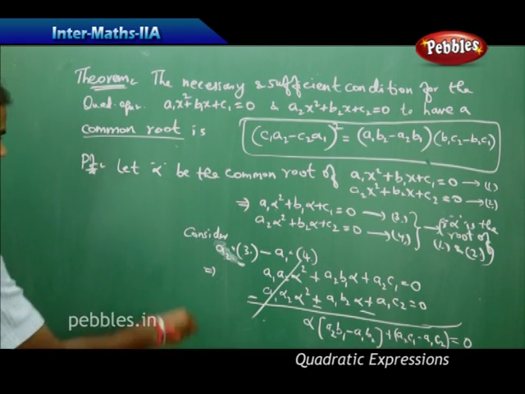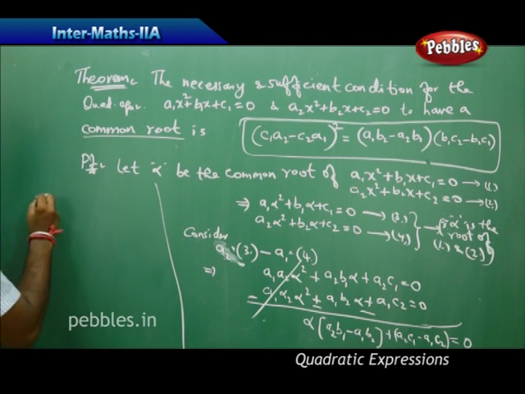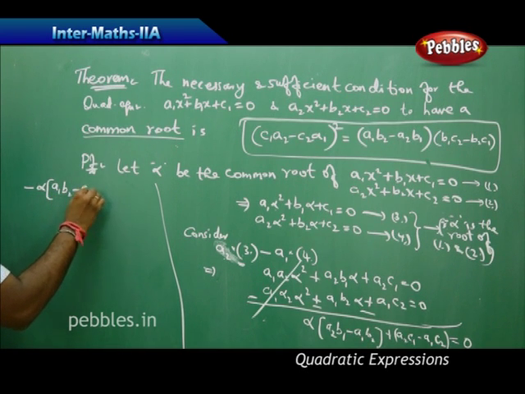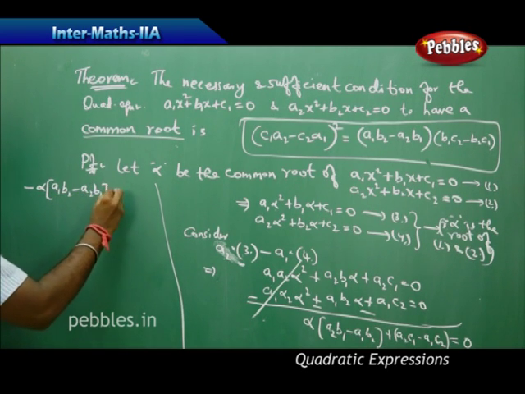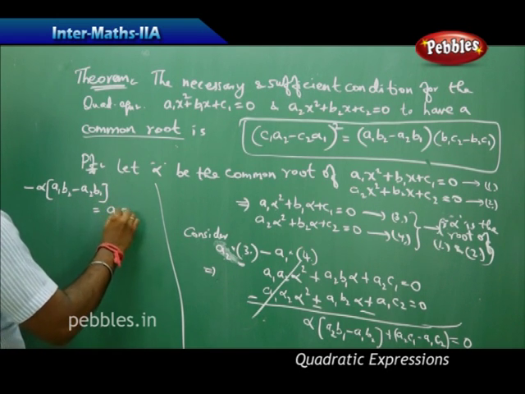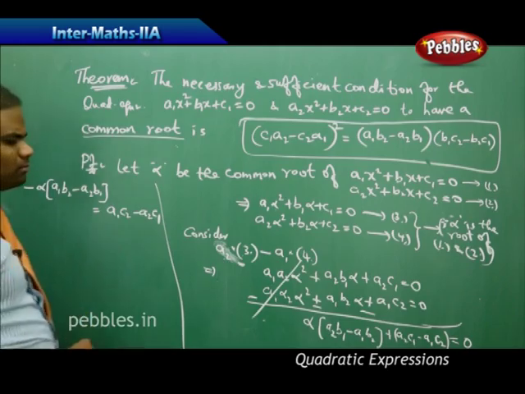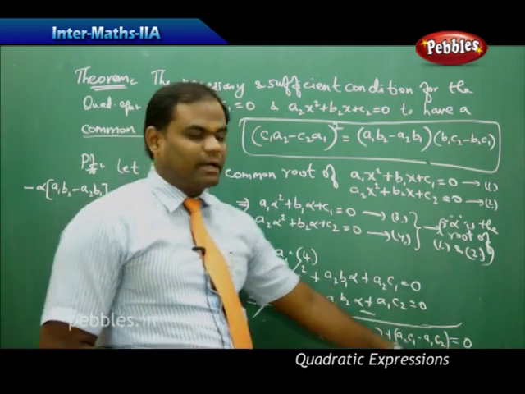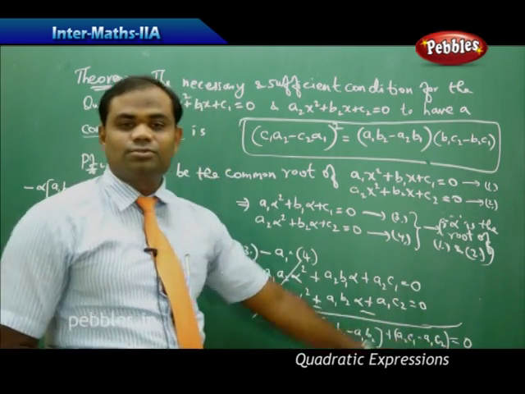So if I continue from there, I get minus alpha times a1 b2 minus a2 b1 equals a1 c2 minus a2 c1, because when I bring it here it comes as minus, which can be adjusted by interchanging these two terms.